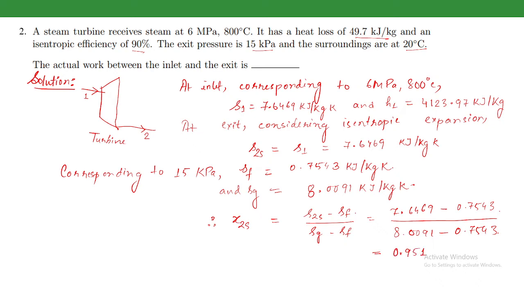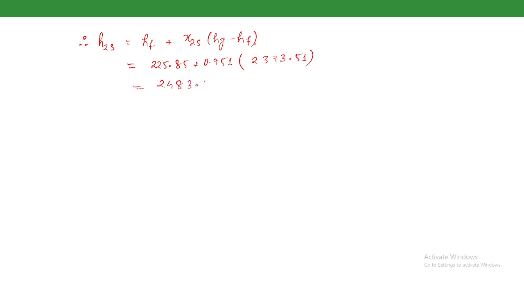So what is the enthalpy here? Therefore, H2s is equal to Hf plus X2s into Hg minus Hf. This value comes out as 225.85 plus 0.951 times 2373.51, which is 2483.06 kilojoule per kg.